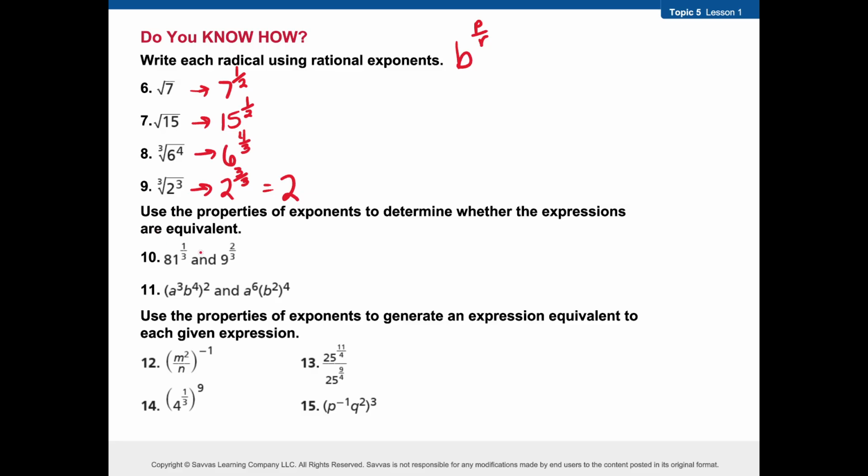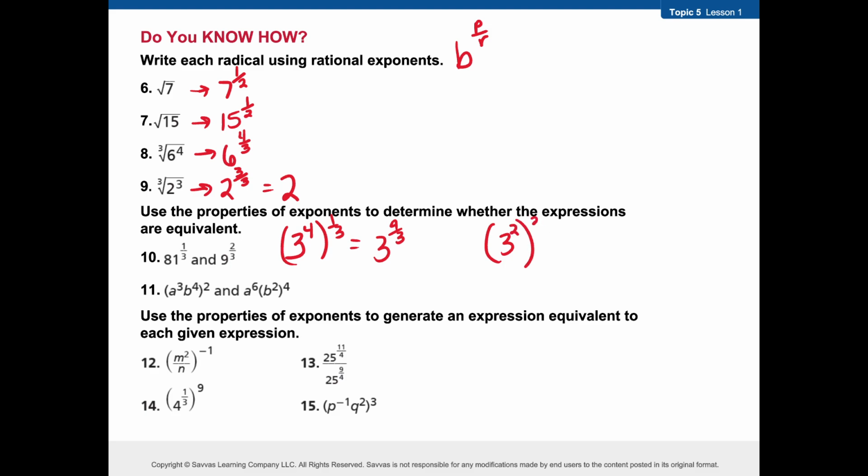Use properties of exponents to determine whether the expressions are equivalent. We can rewrite them using the same base. They both can be written with a base of 3. So 3 to the 4th power would give you 81, and that to the 1/3 power. Power to a power, multiplied, would be 3 to the 4 thirds.